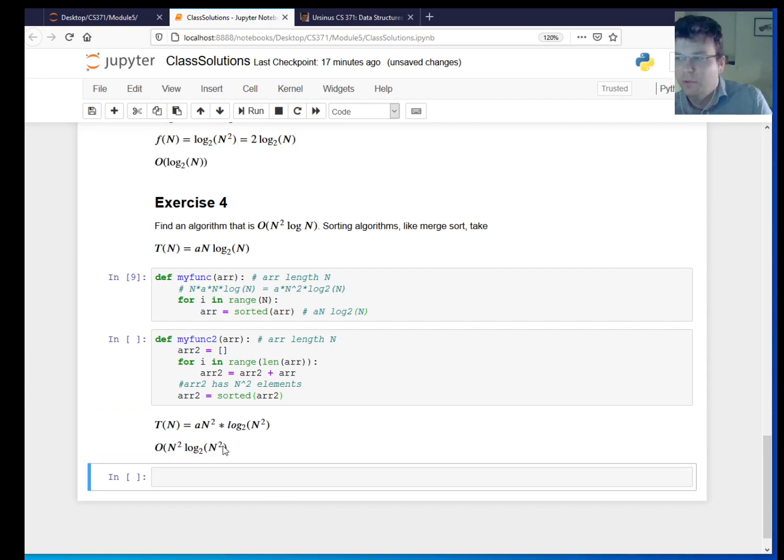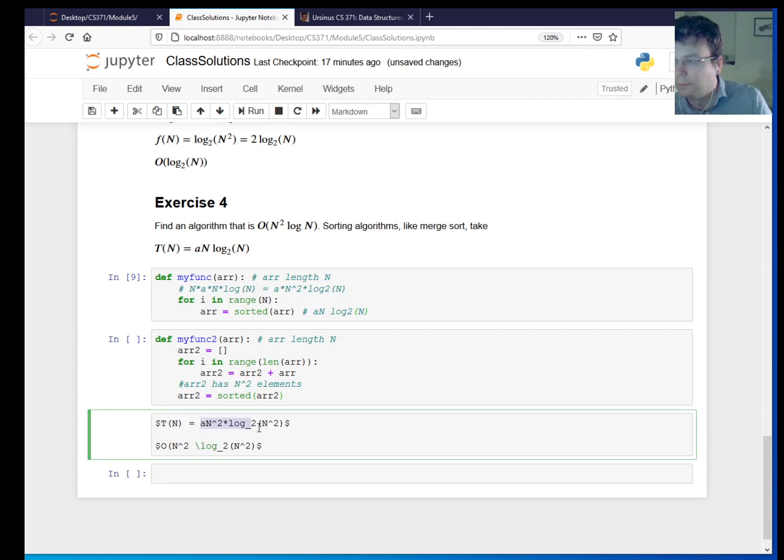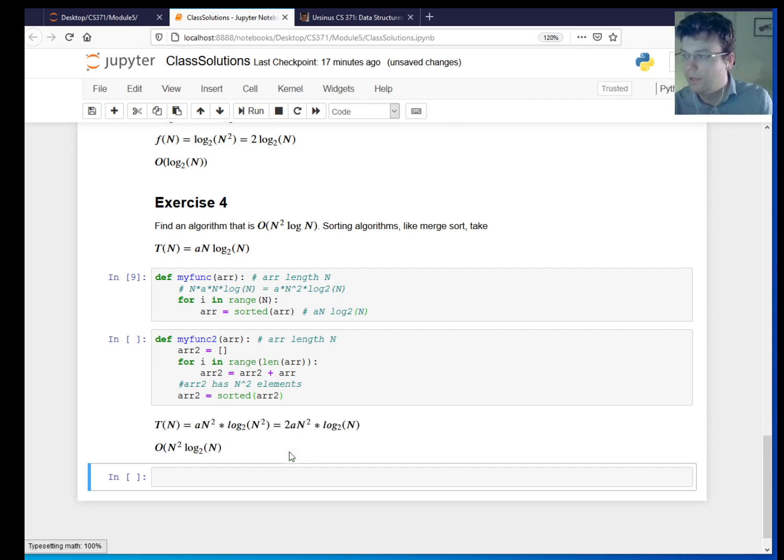But again, we can bring this squared outside. So really I can rewrite this as 2a n squared log n. All right, so that's how you show it.